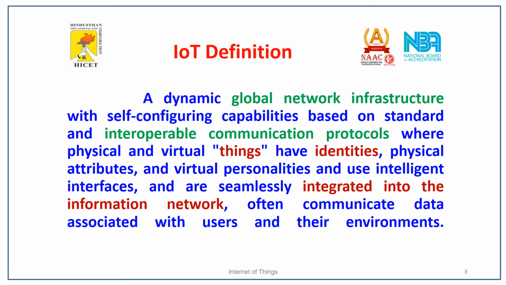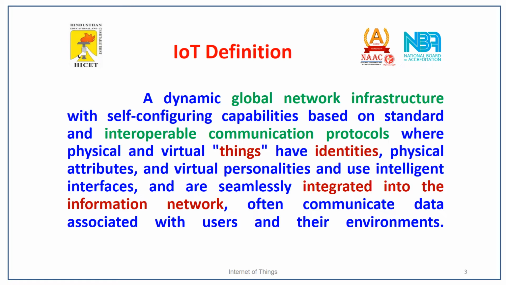IoT is a network which contains so many devices or things that can be uniquely identified by the IP address. And these devices can be connected with the internet also. Initially, only electronic devices such as mobile and laptop were connected with the internet for data communication.